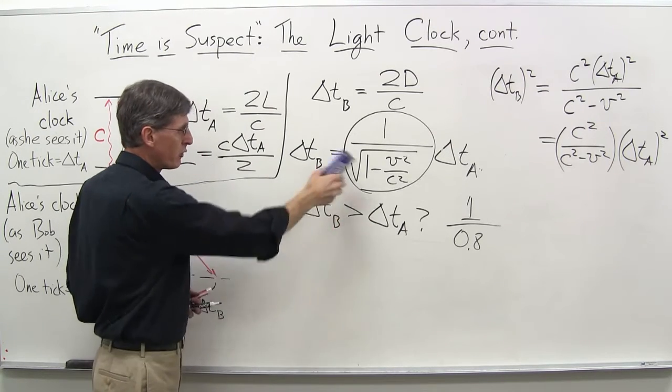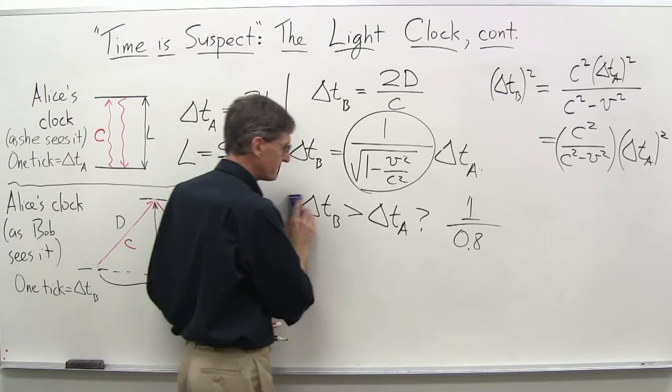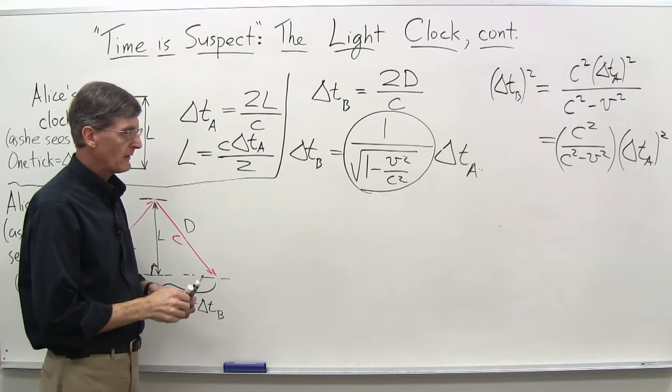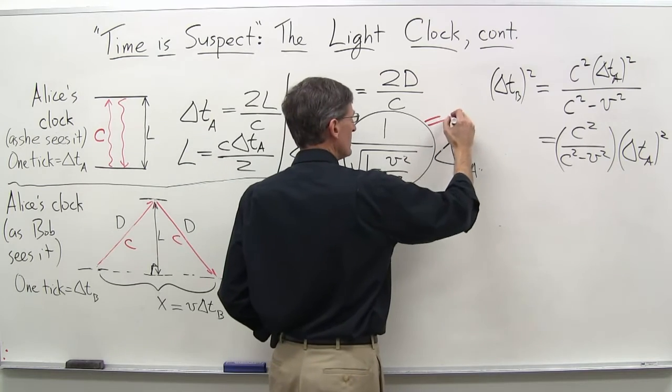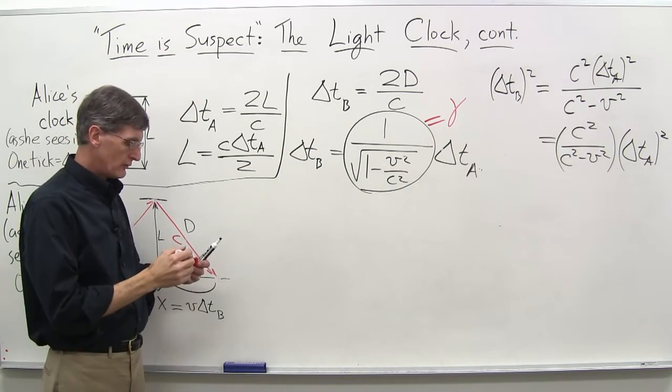And this special quantity here, 1 over the square root of 1 minus v squared over c squared, occurs a lot in the special theory of relativity, and therefore it's given a special name. We say it equals the Greek letter gamma, a special symbol for it.